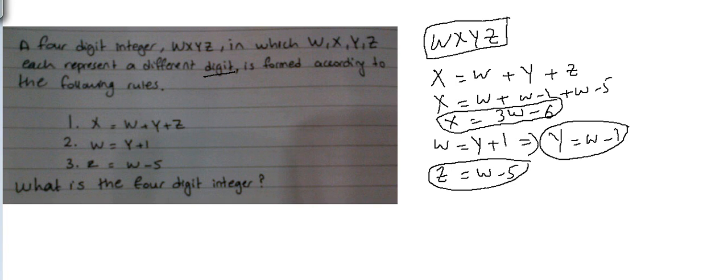All right. First, since x is a digit, the maximum value it can get is 9, and the minimum value is 0, right? So in this case, I can say that 3w minus 6, which is the value of x, is between 0 and 9 because it represents x.